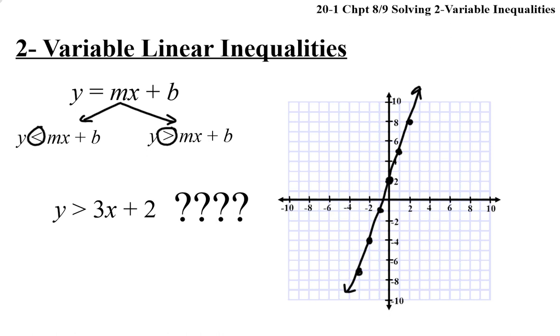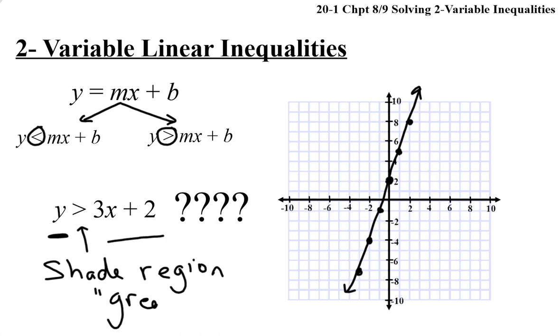But we want y to be greater than the 3x plus 2. What that means is we need to shade the region that is greater than the 3x plus 2.